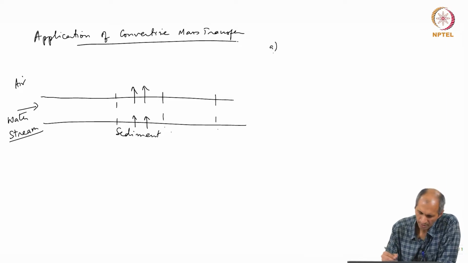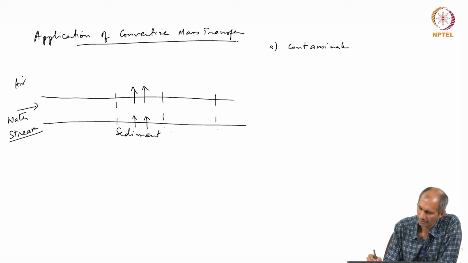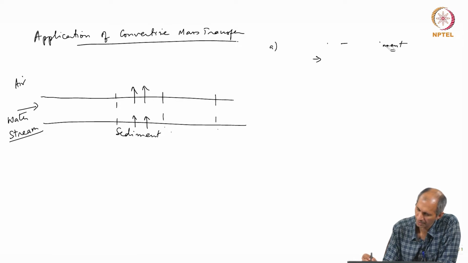In this kind of system one very interesting thing is, if you take a simple problem, one scenario could be, say there is a contaminated sediment. I will come to this scenario a little later.